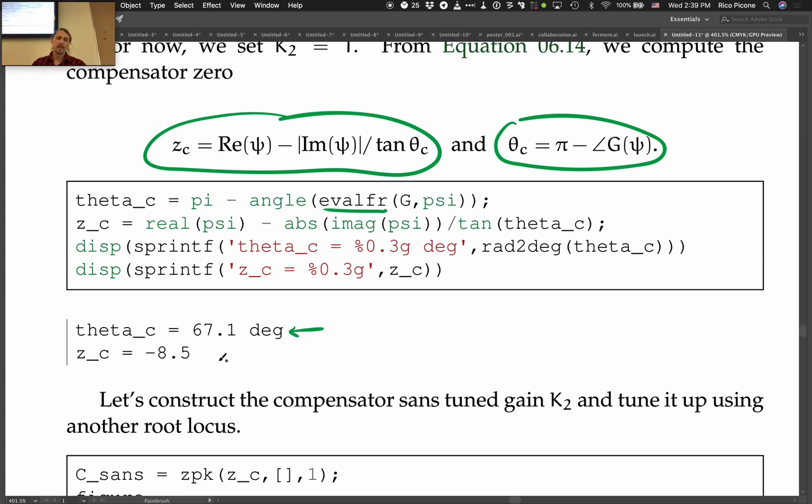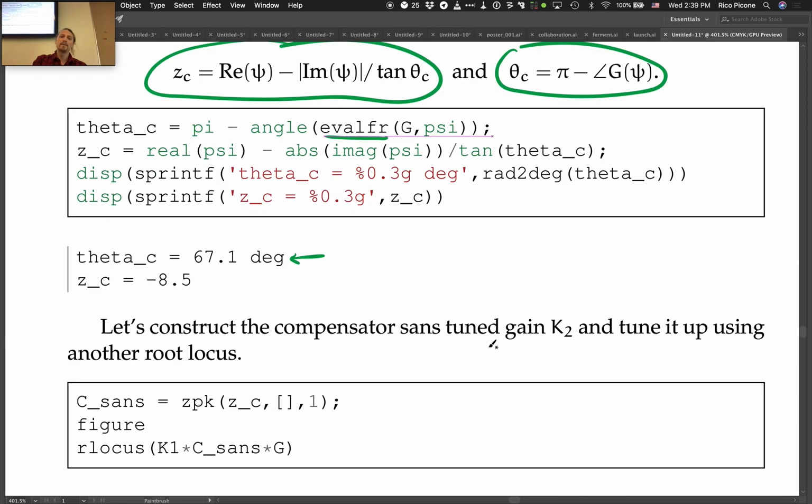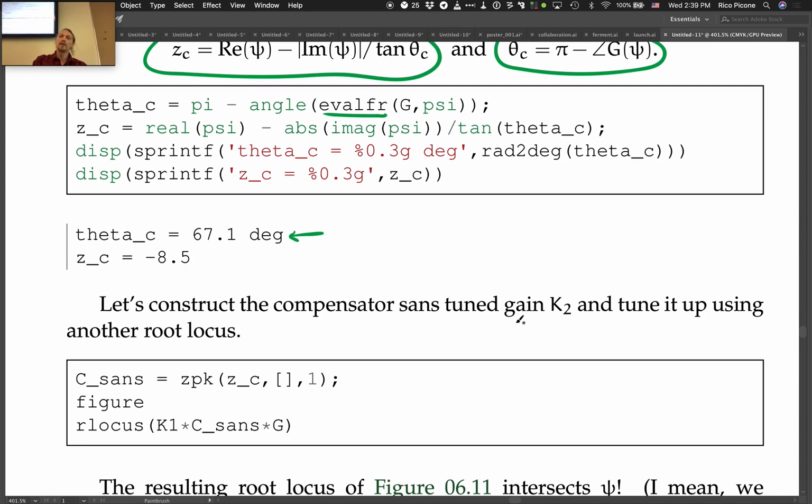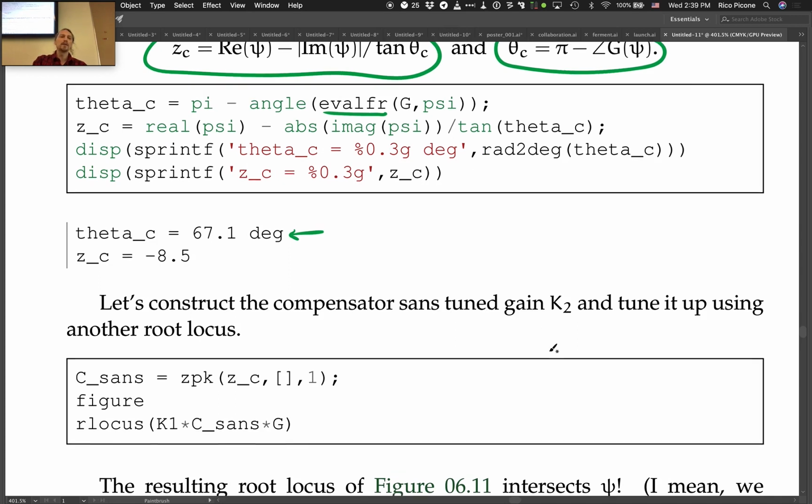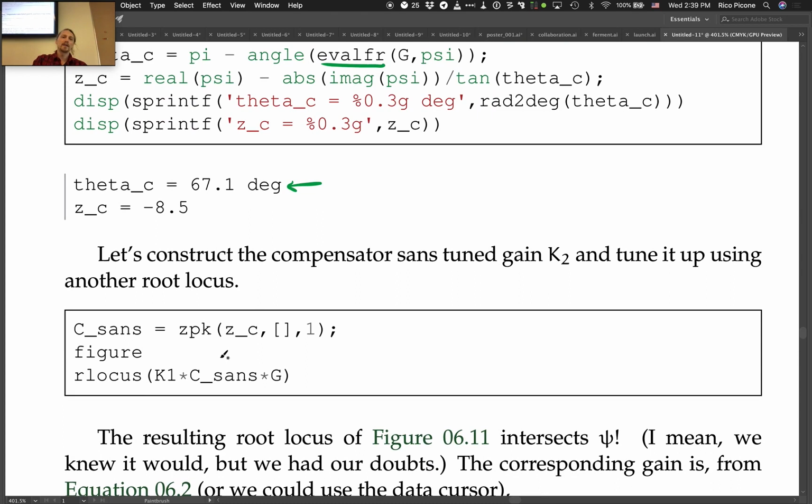which is fine too. Let's construct the compensator sans, or without, tuned gain K2 and tune it up using another root locus. So construct the compensator without the K2 gain in it. So in other words, letting K2 equal 1 for now, and then we'll adjust it using the root locus in a moment. So the zero compensator using ZPK, stick the zero in there.